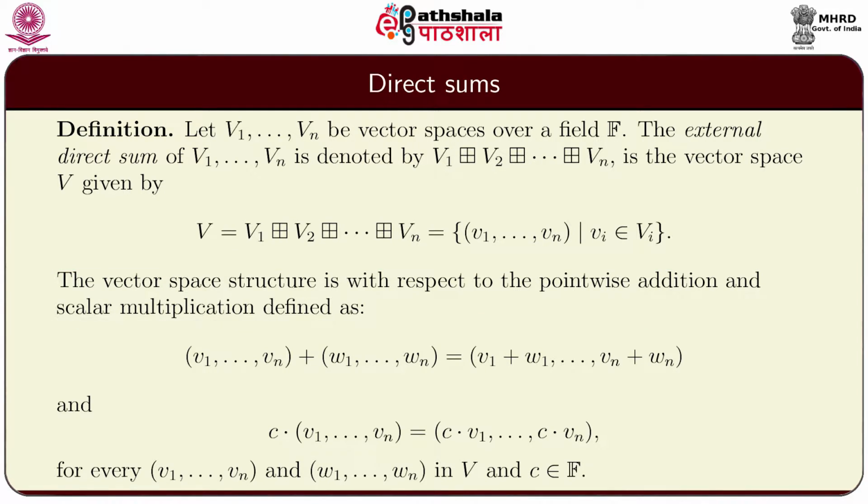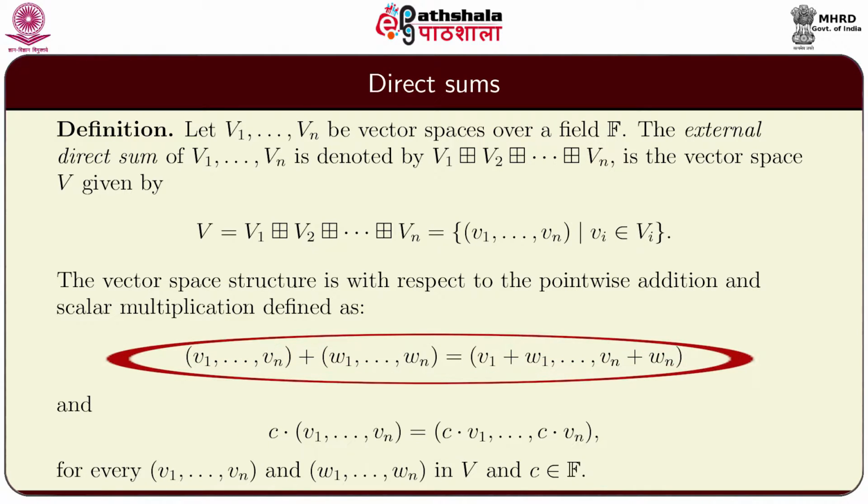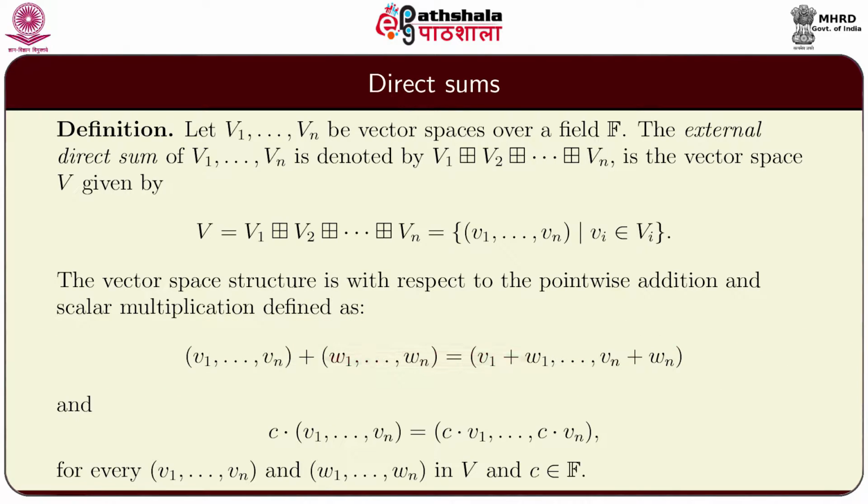That is, the vector (v1, v2, vn) plus the vector (w1, w2, wn) is the pointwise addition (v1 plus w1 and so on vn plus wn), and the scalar multiplication is given by c dot (v1, v2, vn) is equal to (c dot v1 and so on c dot vn). That is true for every n tuple (v1, v2, vn) and (w1, w2, wn) in V and c in F.